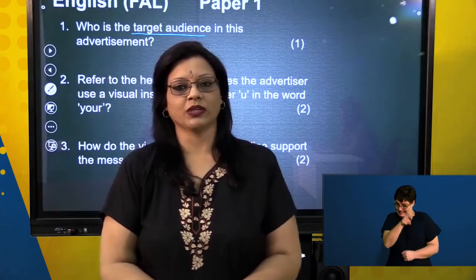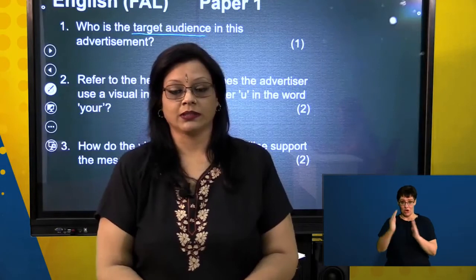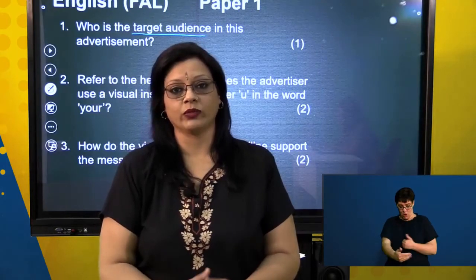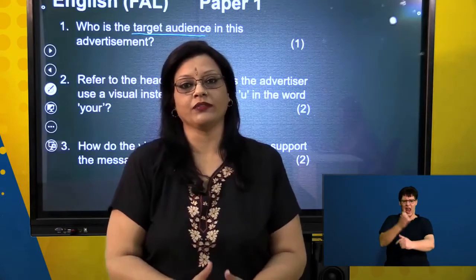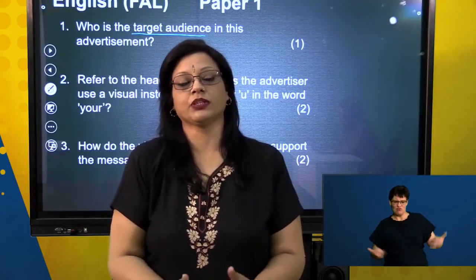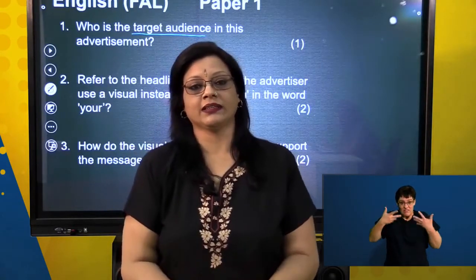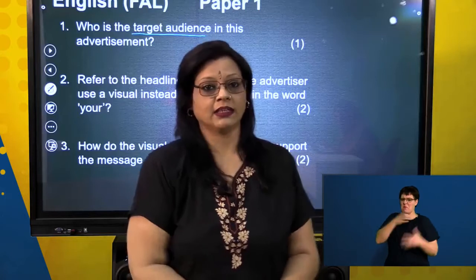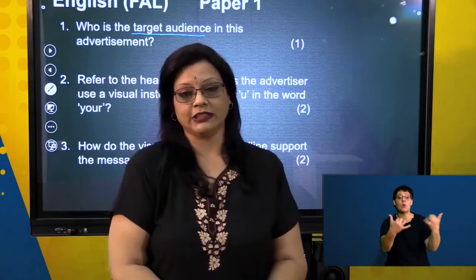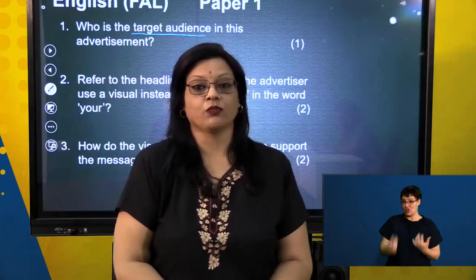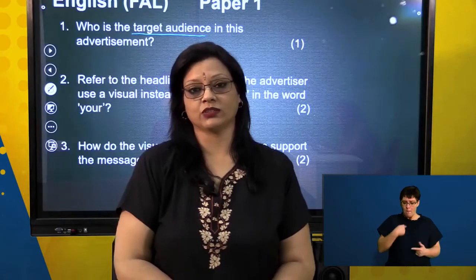In this case, we have a Kellogg's box, and there's a hyperactive girl who's got the Kellogg's box, which she is playing with like it is a guitar, showing that she's full of energy and full of life, and it implies that because she ate the Kellogg's, she is full of energy and it's given her the extra edge that she needs. So the target audience for this question would obviously be a teenager or a child that's looking for more energy in the mornings, or a parent who wants what's best for his or her child.